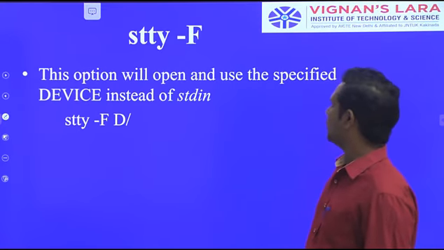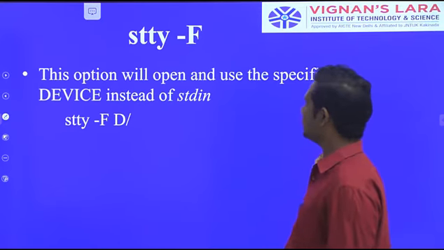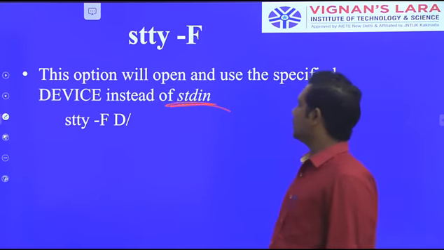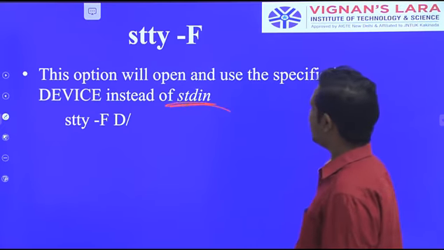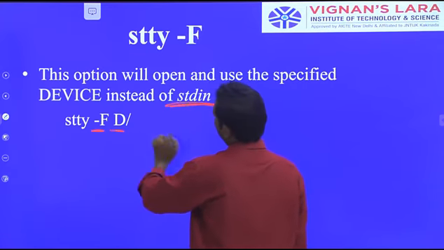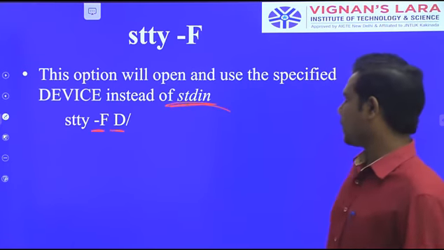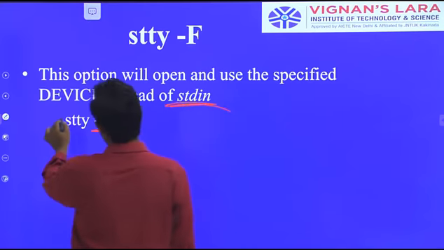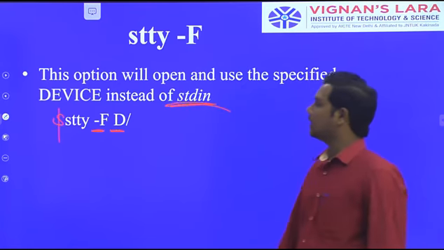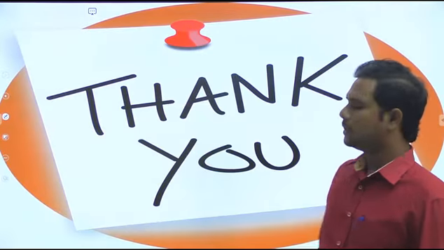This option will open and use the specified device instead of stdin. STTY -F device, with the forward slash, as in stty -F /dev/. So this is how the STTY command uses the option F.